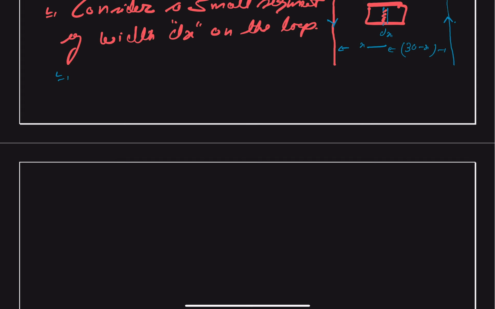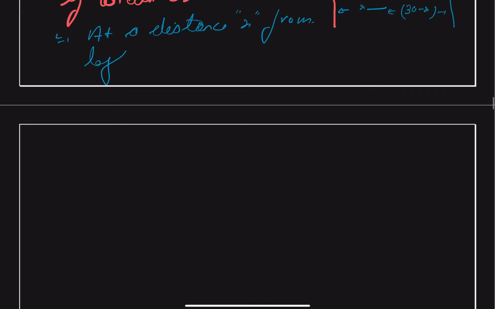Secondly, you can say at a distance x from the left wire. So you can write that the distance from the right wire will be equal to 3a minus x.